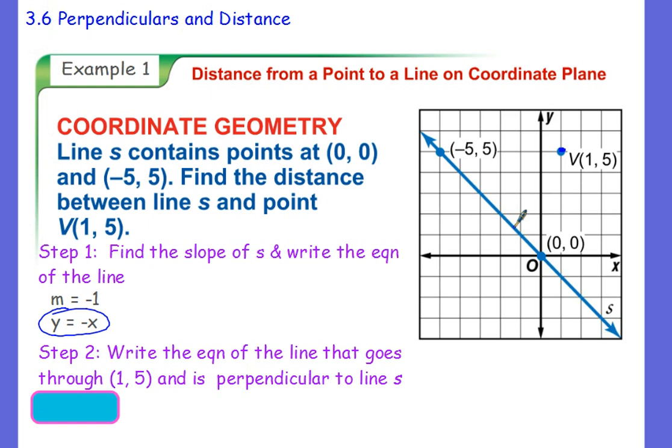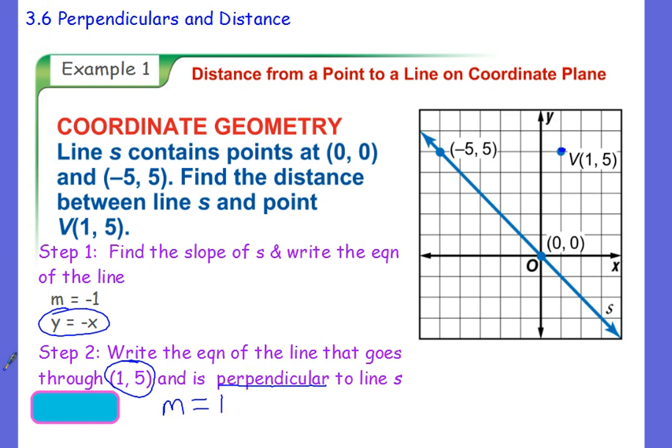All right, so we know that it goes through the point 1, 5. That's going to be helpful. We also know its slope, because it is perpendicular to the line that we just found. So what's the slope of the line we just found? Well, it is negative 1. So the slope for this one is going to be the opposite reciprocal of negative 1, which would just be positive 1.